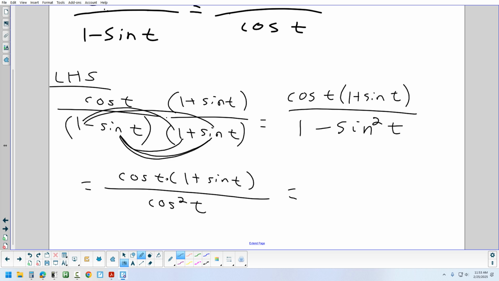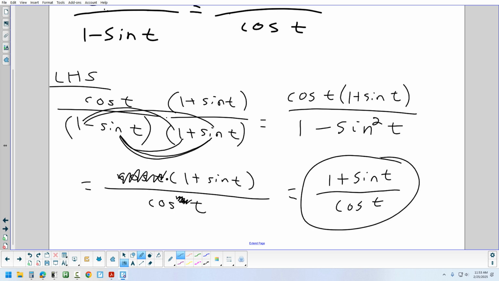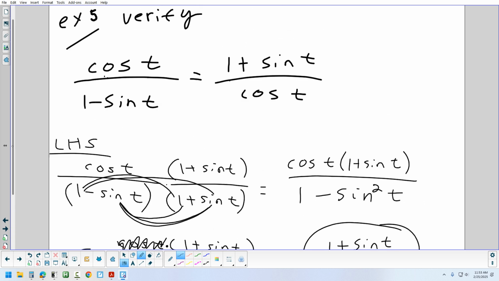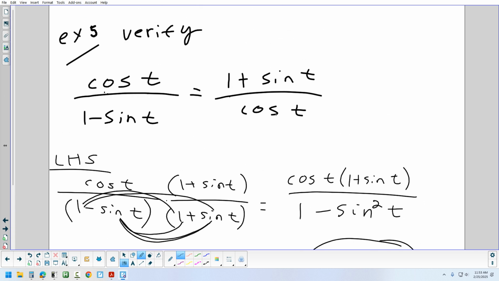How many cosines are in the top? 1. How many are in the bottom? 2. So how many do they both have in common? 1. So you can cancel 1 from there and 1 from there. Now you're left with 1 plus sine in the top, and you're left with cosine in the bottom. And if you go back up, that's exactly what we were supposed to get.